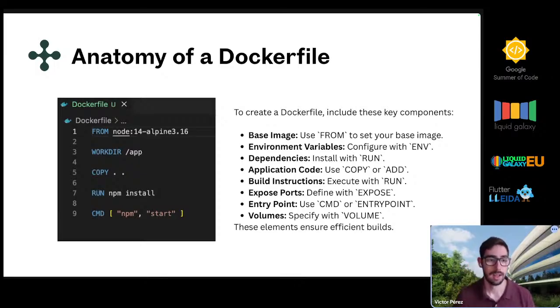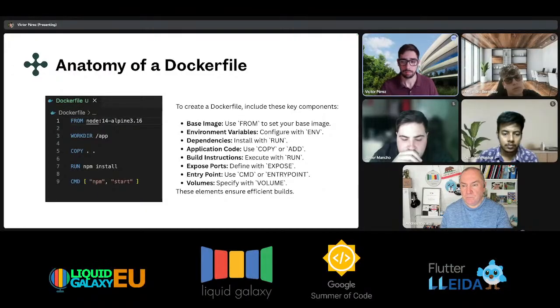In this particular example, someone is using Node, so they are going to create a Node application using the official Node.js image built on top of Alpine 3.16. Alpine is a very, very lightweight Linux distribution that may work in your case. It only weighs some very tiny megabytes, and you can use it as a very basic image.